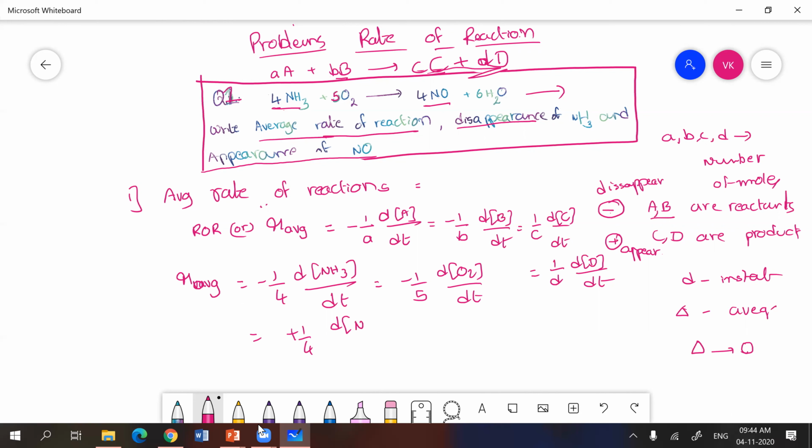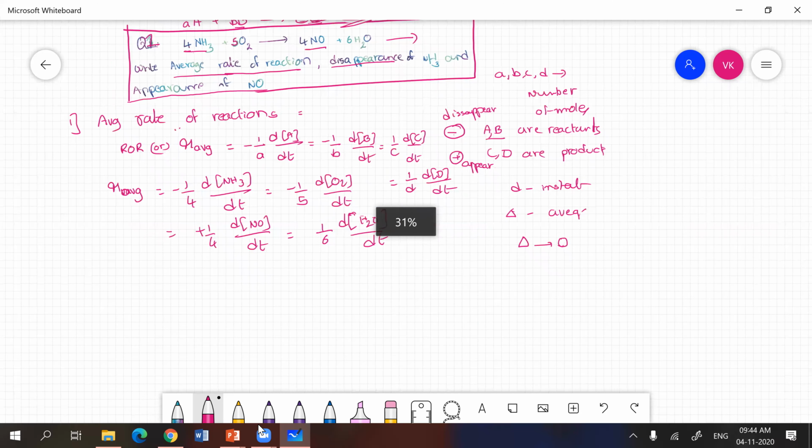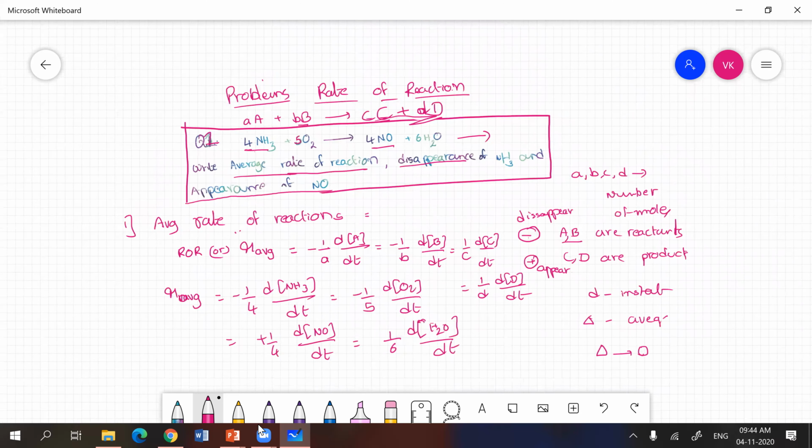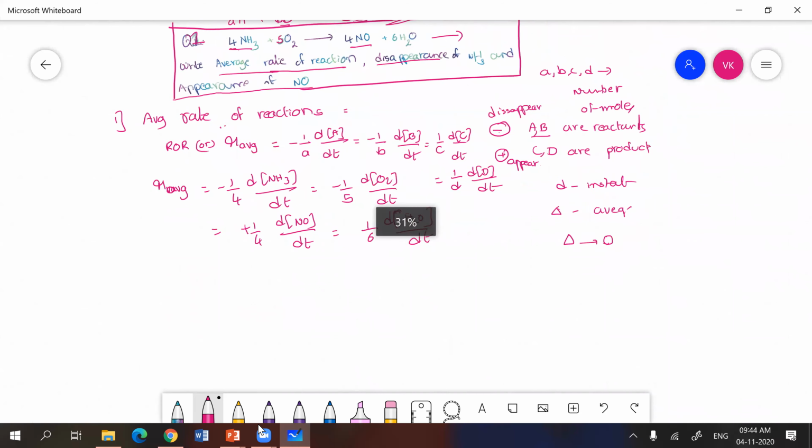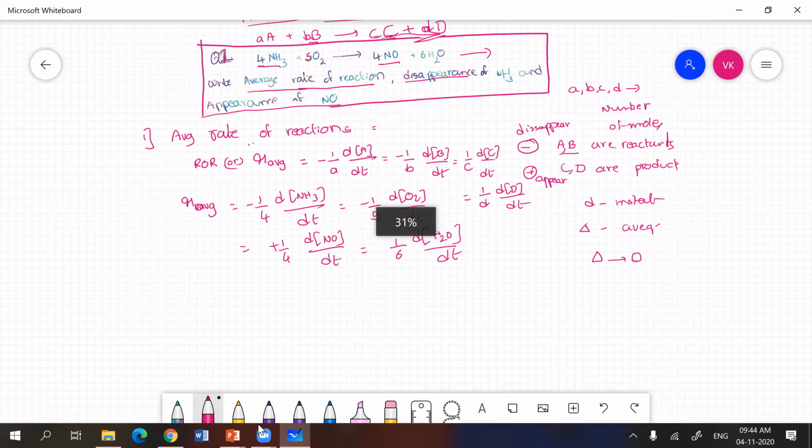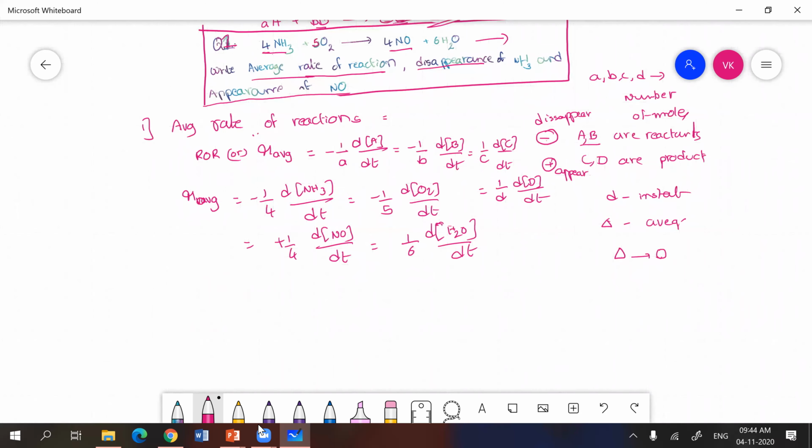With the product NO, with time, that equals 1 over 6, change in concentration of water with time. In this way you can write the rate of reaction or average rate of reaction for any kind of reaction given in a problem. Please try to understand.